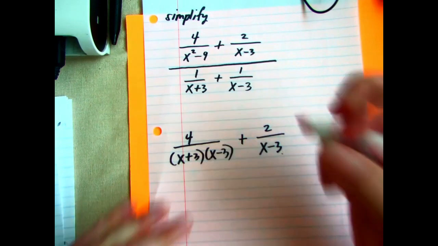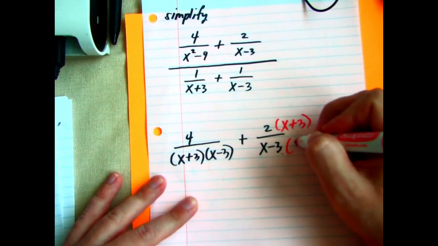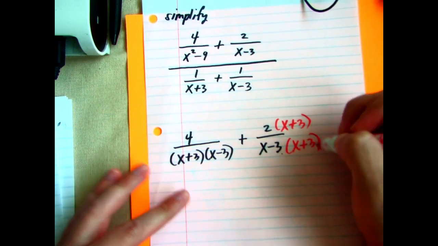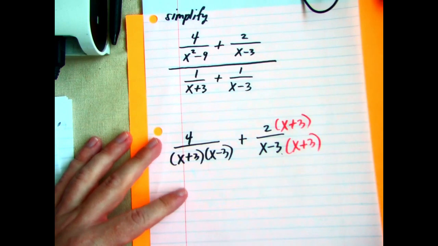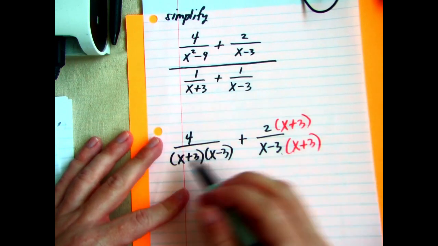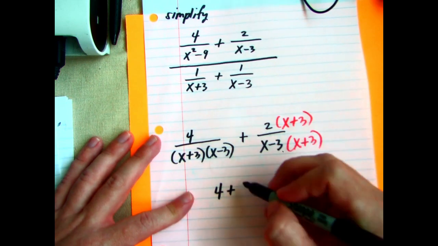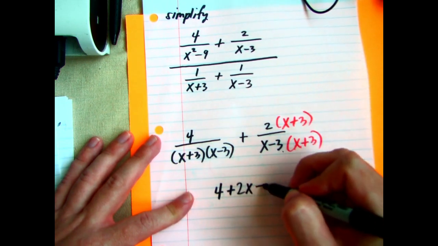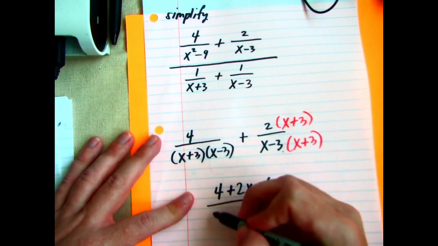So in red here, I'm going to multiply that in, my x plus 3. That's getting myself set up with a common denominator. So my common denominator is x plus 3 times x minus 3. And on top, I got 4 plus 2x plus 6.